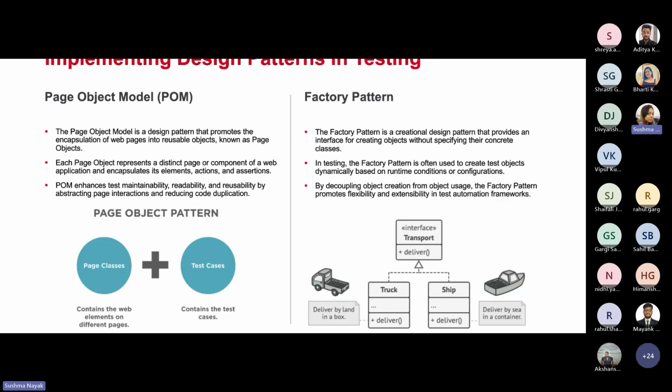Here the page object methods may also include assertions to verify the state or properties of UI elements, like verifying text, visibility, etc. Whatever the test case is saying, like if we say login, we need to check whether we have logged in or not. These are what we call assertions.